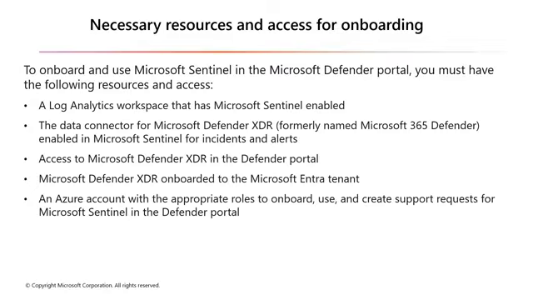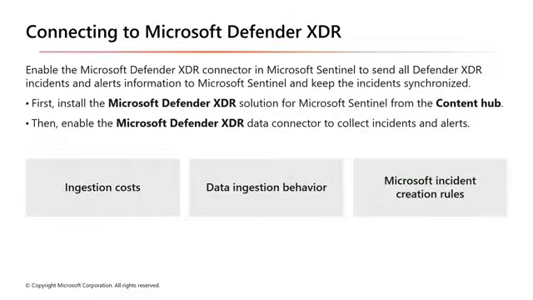Access to Microsoft Defender XDR in the Defender portal is also required, along with having it onboarded into your Entra tenant. Lastly, make sure your Azure account has the right roles to manage Sentinel and submit support requests if they're needed.